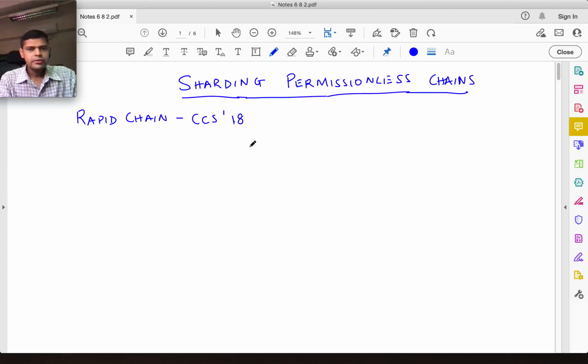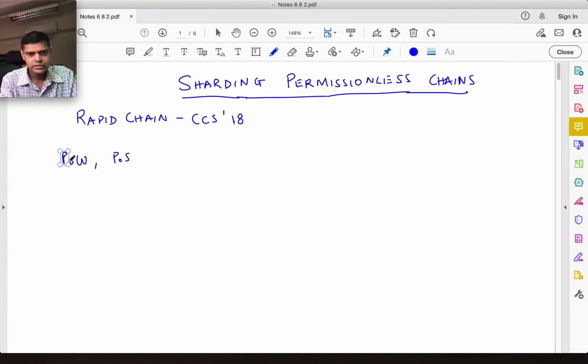So let's think about it for a moment. What are the permissionless protocols that we are familiar with? We have things like proof of work, some sort of proof of stake type protocols, which are used in permissionless systems. Here you have to have some sort of a resource in order to vote, either hashing power or stake and so on.